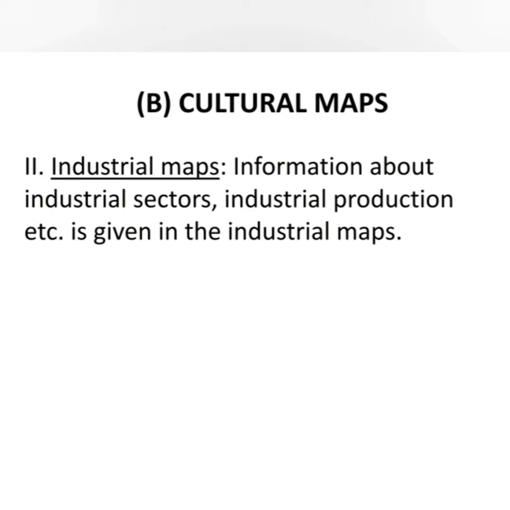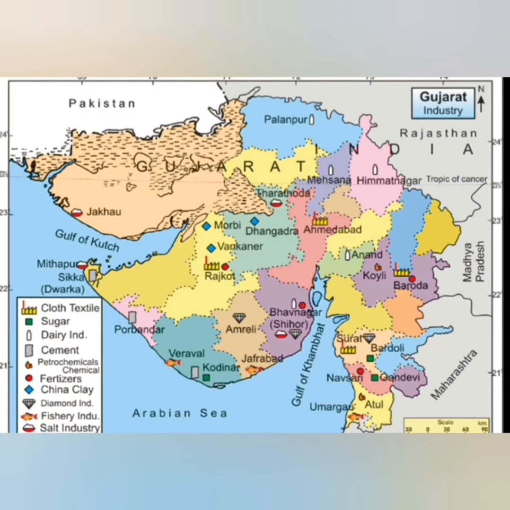Second type of cultural maps is industrial maps. Information about industrial sectors, industrial production, etc. is given in the industrial map. Let's understand it with one example. Here in this image, you can see the map of Gujarat showing various industries and production in different parts of Gujarat.